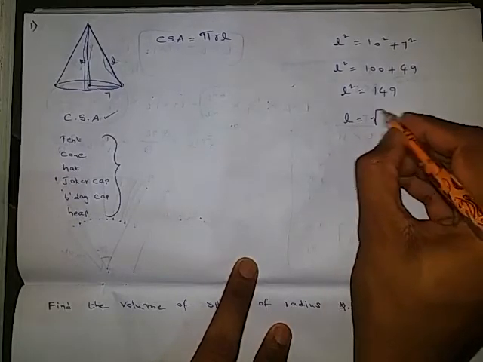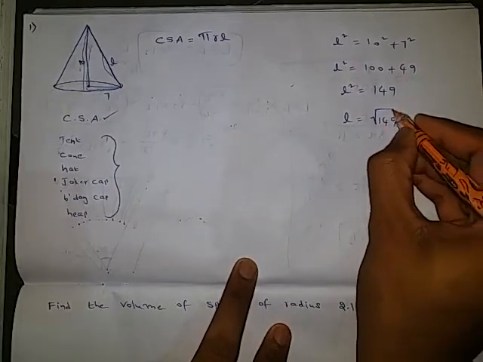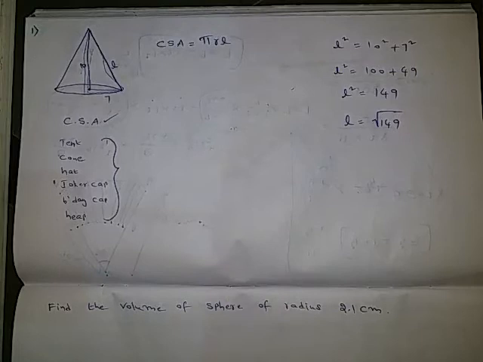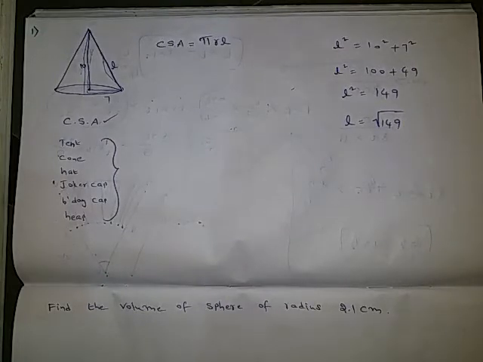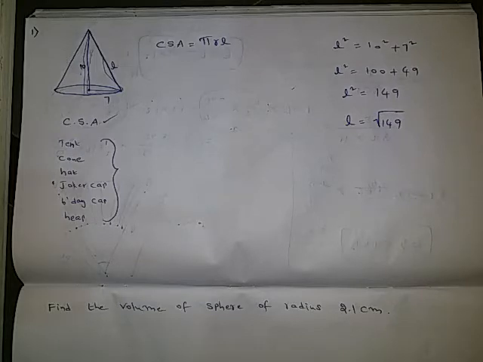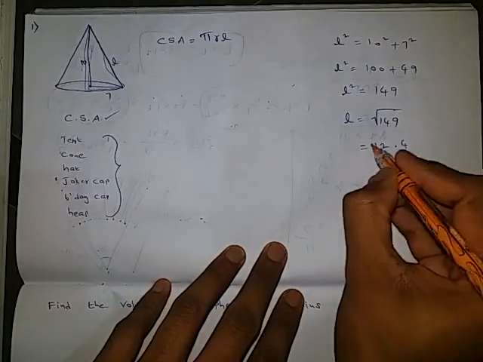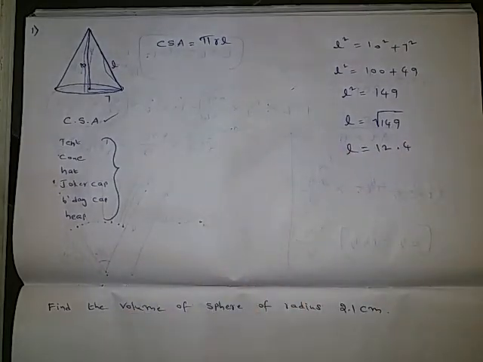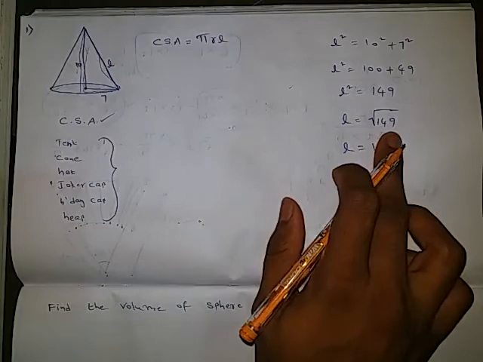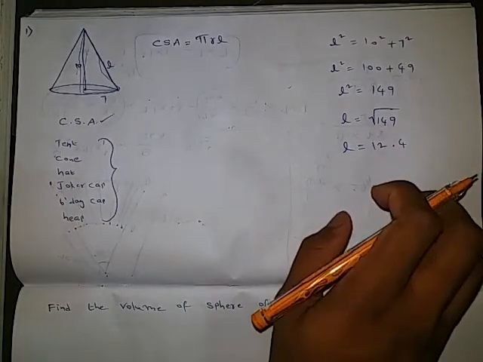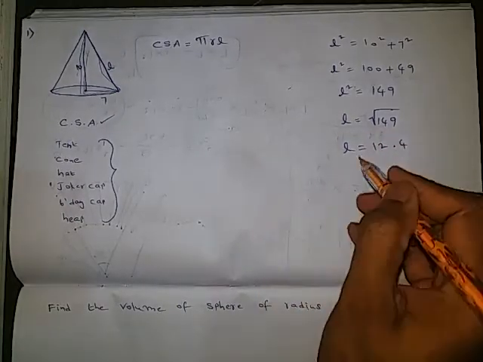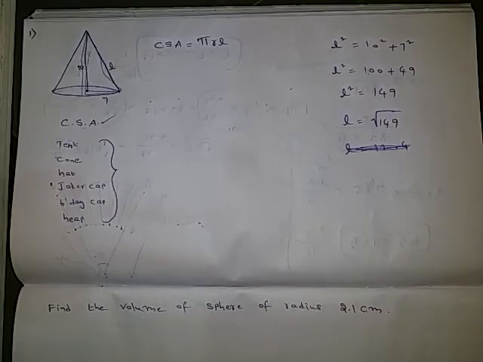So L will become under root 149. Here 149 is not a perfect square, so that's why I am leaving it like that only. Still, if you want to write the decimals also, no problem, you can write 12.4 something it will come. If you do the long division of 149, you will get some 12 point something. You can write this value also, but anyway I am writing directly root 149 only.